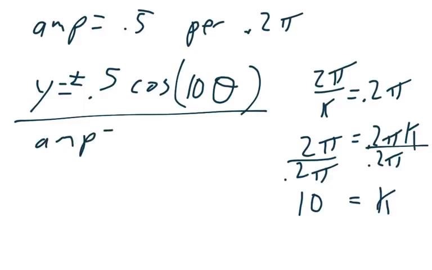One more of these. The amplitude is 1/5. The period equals 2 pi over 5.